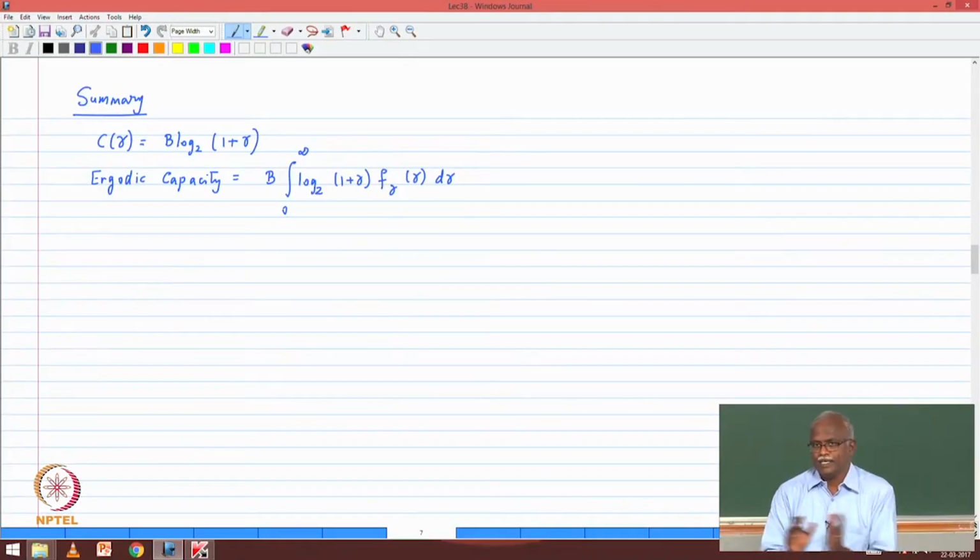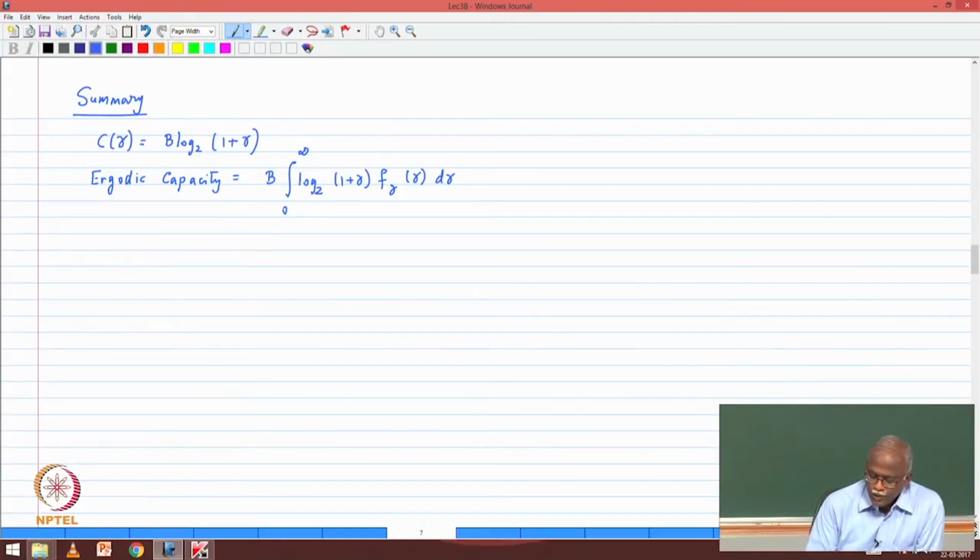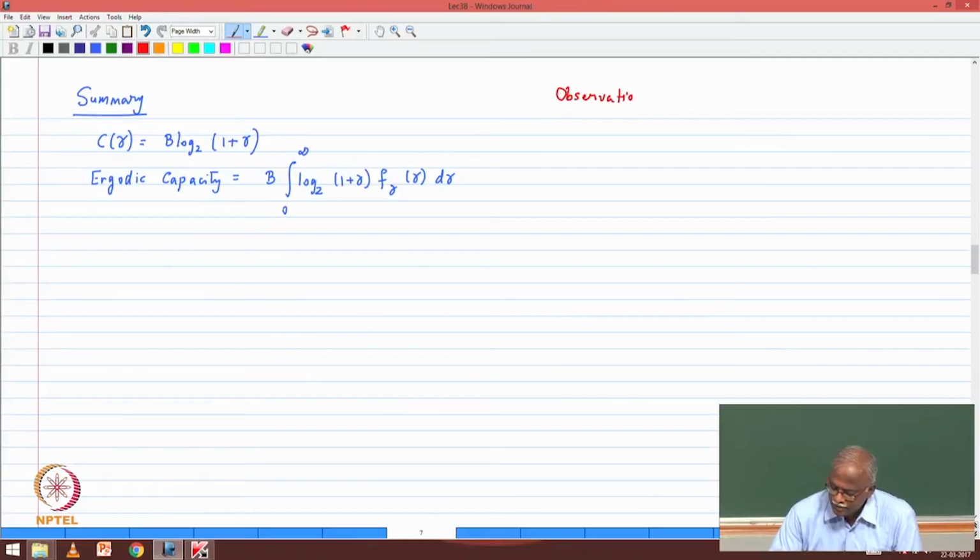This is the best that we can do under the fading channel. We know that this is going to be upper bounded by the AWGN capacity of an equivalent channel with the same average SNR. Okay. So the observations that we have made so far: the first one is that capacity is very sensitive to SNR. If SNR goes down, the capacity is going to go down.